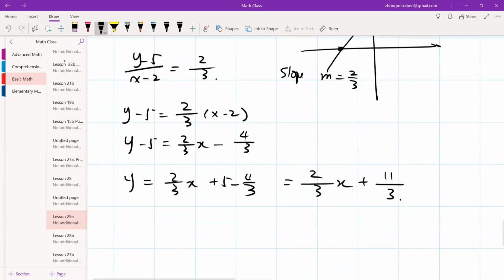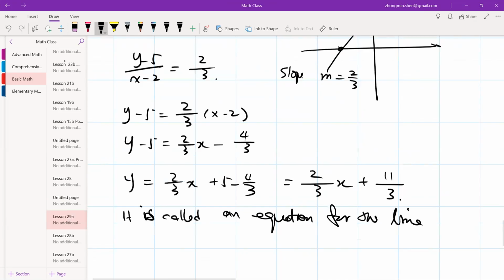So this is a relation between x and y. It is called an equation for the line.